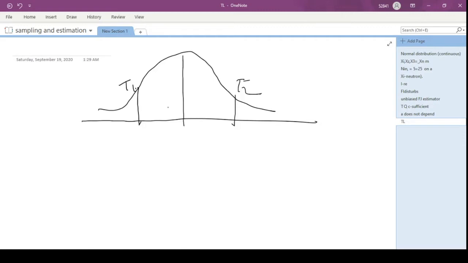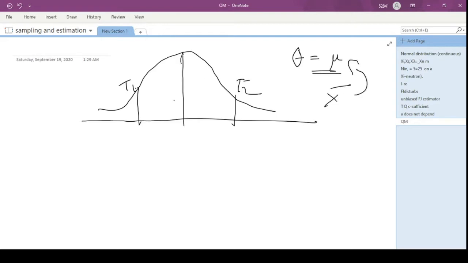From a general understanding perspective, say our population parameter theta is the population mean, and we have found one estimator in the sample, maybe the sample mean, which is trying to estimate the population mean.